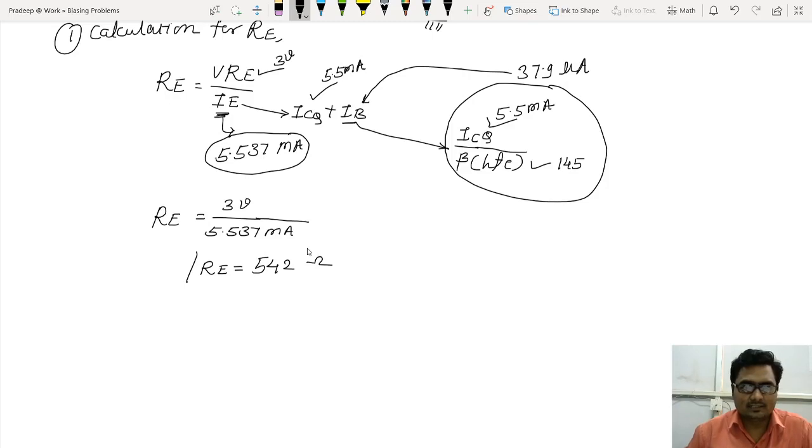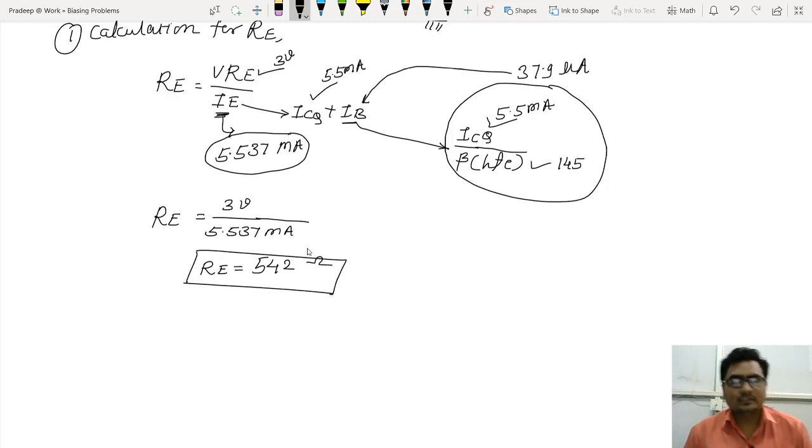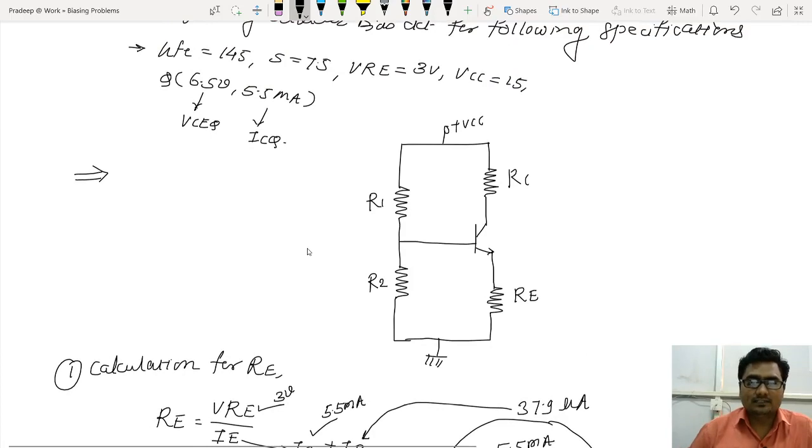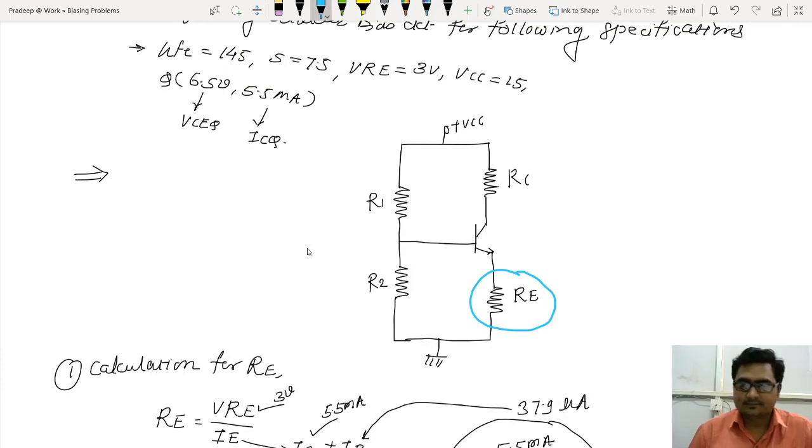Since it's a resistance, the unit is ohm. So 542 ohm is the value of RE. Out of 4 resistors, 1 we are done with. This is RE.